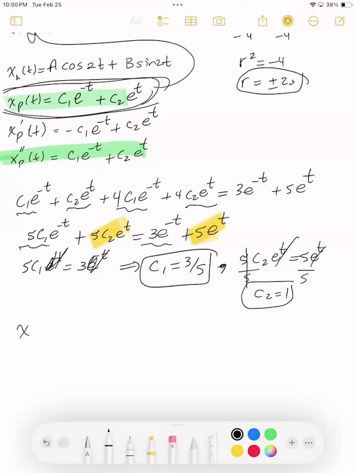So what does our particular solution look like? Our particular solution is going to be C1, which is 3/5 e to the negative t, plus 1 e to the power positive t.